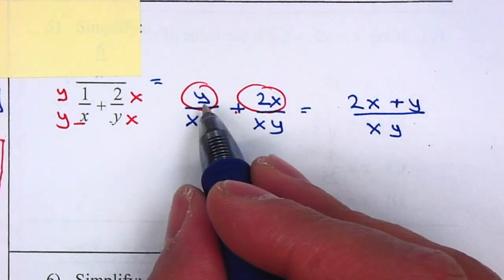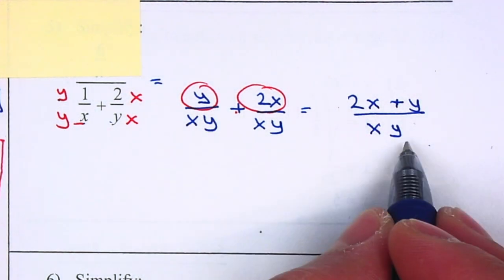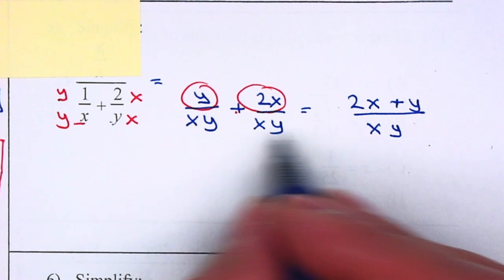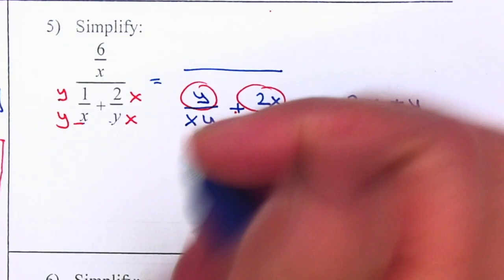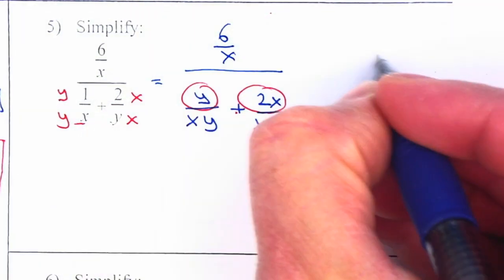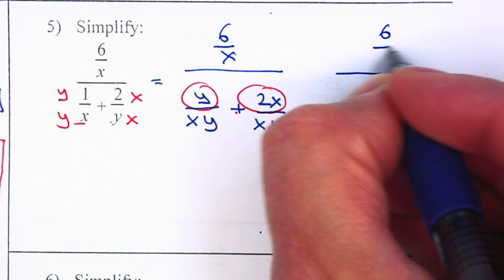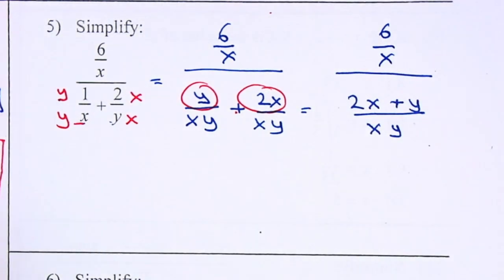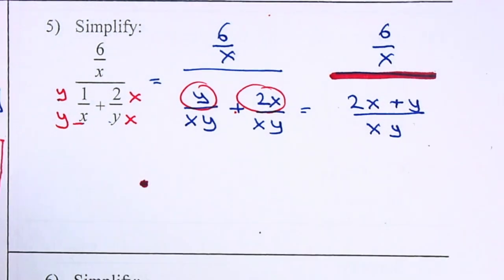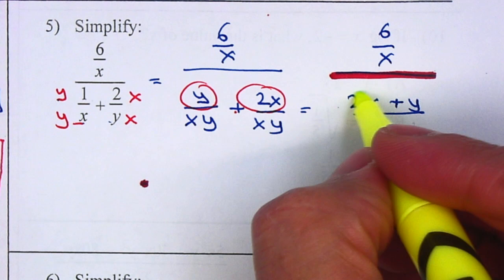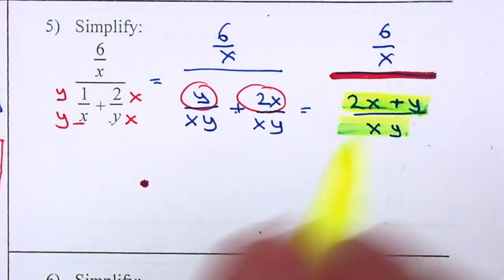Notice that I did not add them, and notice that also the denominators become 1. I'm just going to carry over my denominator. Now I'm going to transfer my numerator, 6 over x. I'm now going to change my division to a multiplication by taking the reciprocal of my second fraction.